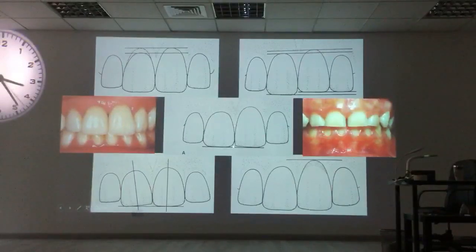I'm talking about Shakespeare's aesthetic points and our golden proportion points, and from the CEJ of this tooth is here and 21 is here. If you want to place an implant on this tooth, where will it be?